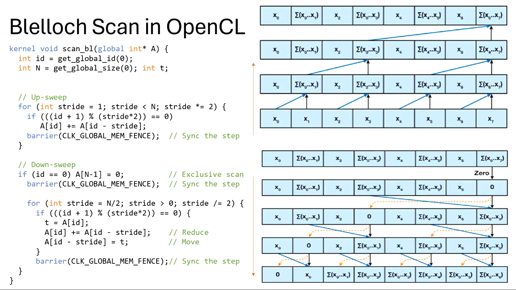It has the same overall structure as the pseudocode, but you can see there's OpenCL specific stuff in here. So now we're worrying about getting our global ID, we're getting the size of the work group. We're going to calculate our strides again.